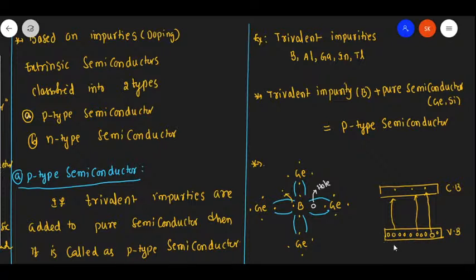Then why are the remaining holes generated here? In the conduction band only three electrons jump, and in the valence band three holes should be formed, but I drew more holes. What is the reason? Write in the chat box.